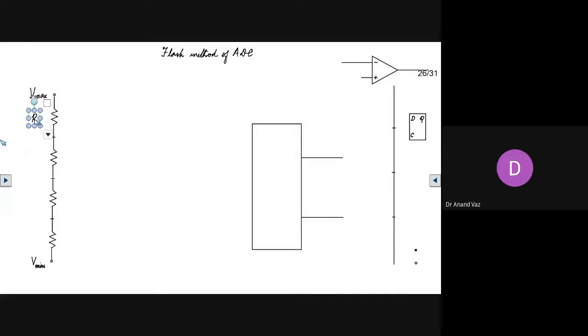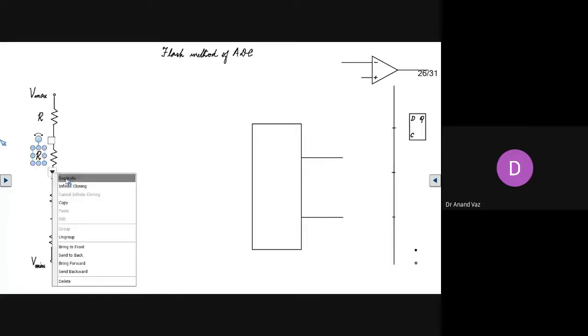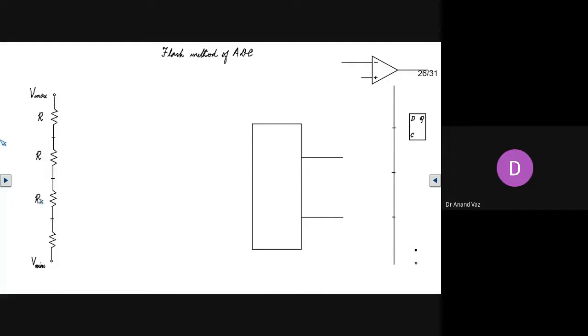So this is R. Likewise, this is also R. So we have got these identical resistances.